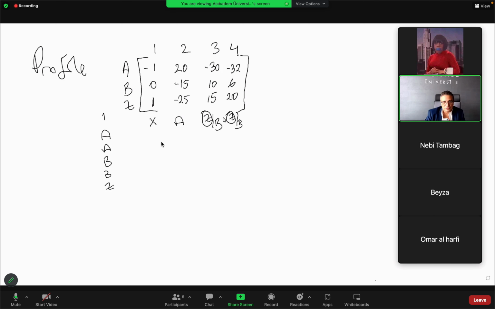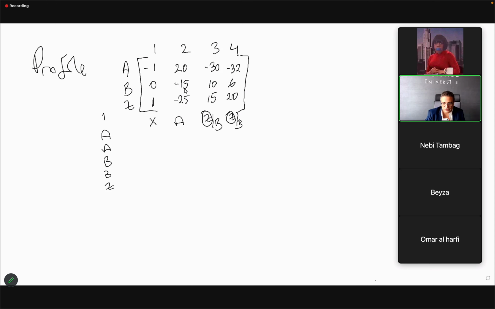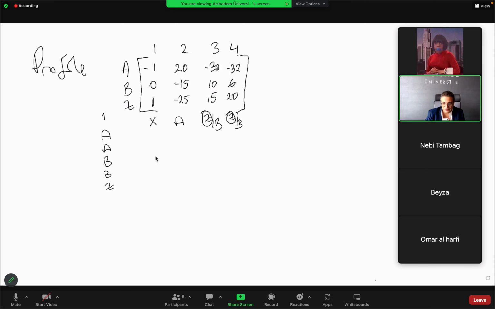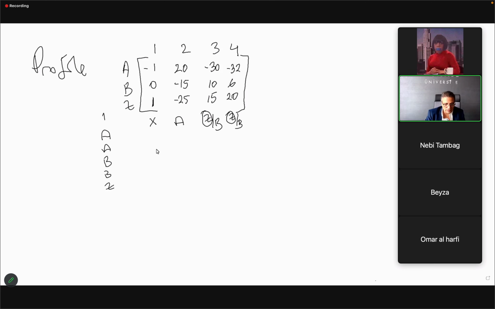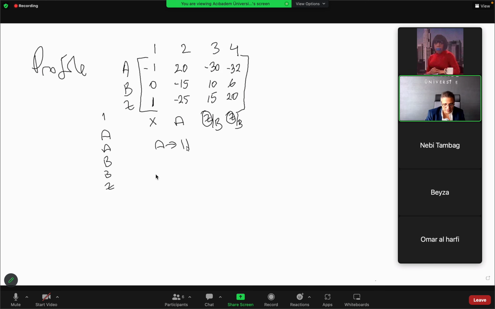So A? A is the hydrophobic one. Why? Because it's very different from B and Z, the other two. It's more different than the other two. When A is positive, the others are negative. When A is negative, the others are positive. So here A is the hydrophobic amino acid.